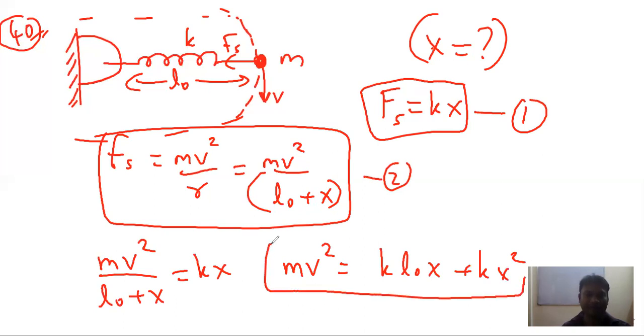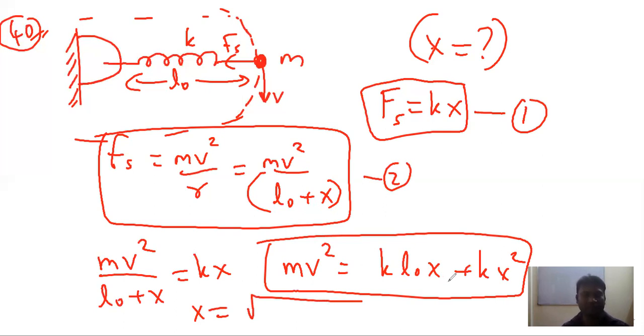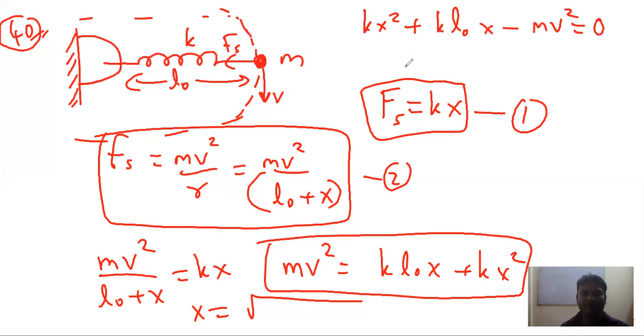So this quadratic in x we will solve, and we'll get the value of x as the root of whatever we solve in the quadratic. So let us solve this. Let me make some space for solving this quadratic here. So kx square plus kL0 x minus mv square equals 0.